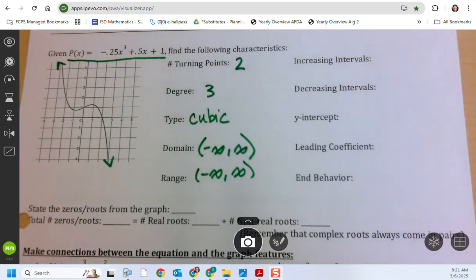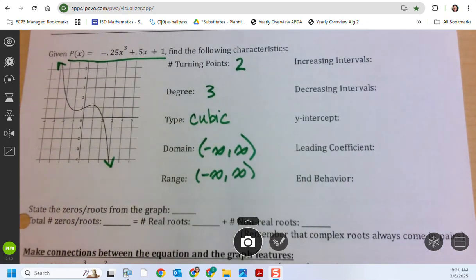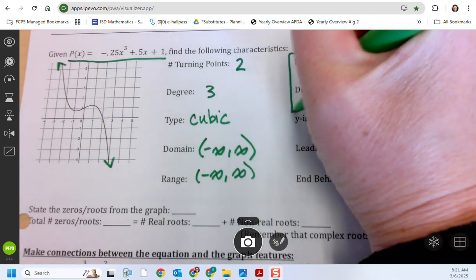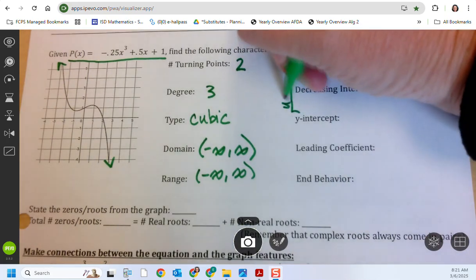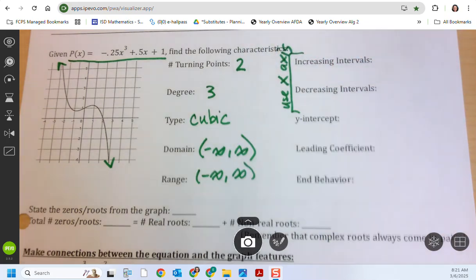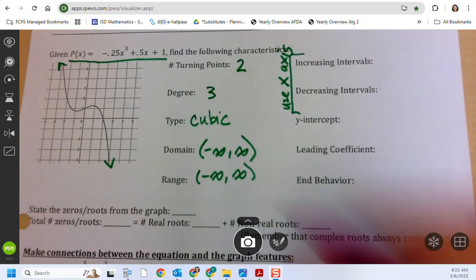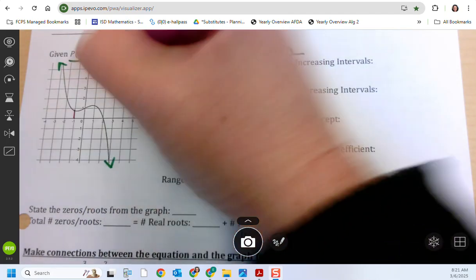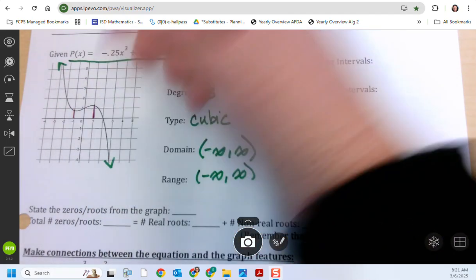Okay, increasing and decreasing intervals, do we look at the x-axis or the y-axis? X-axis. So remember to use the x-axis. And last class, I told you to connect your turning points to the x-axis to help you do that.